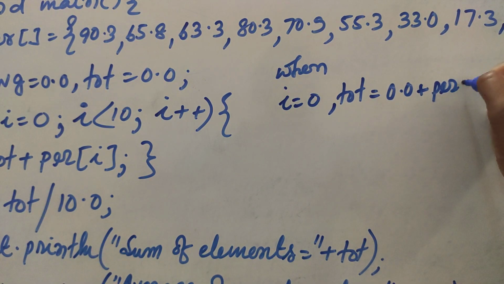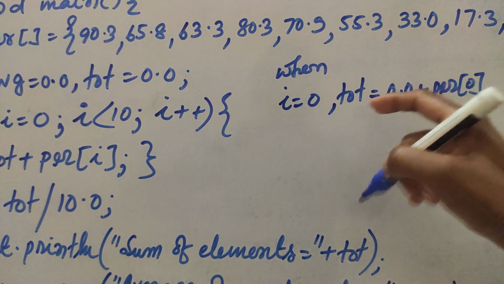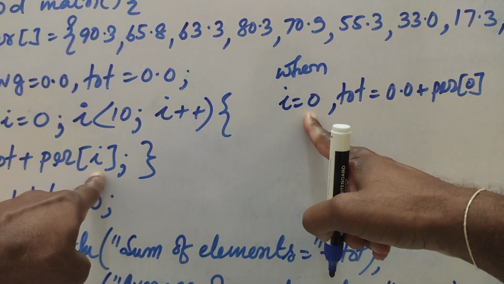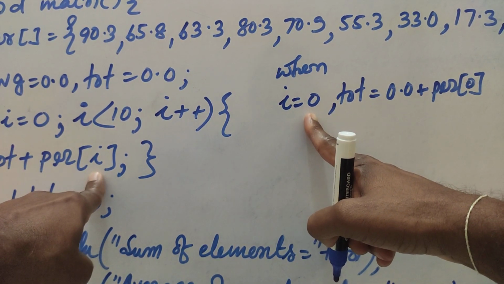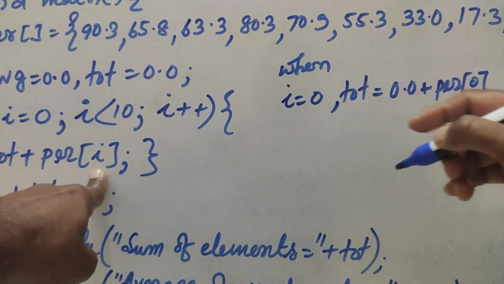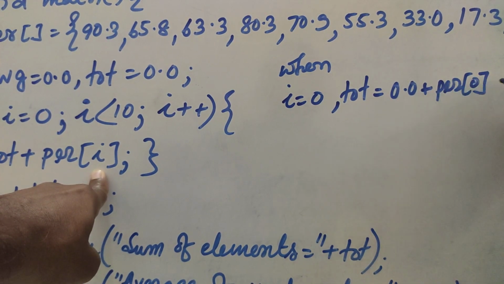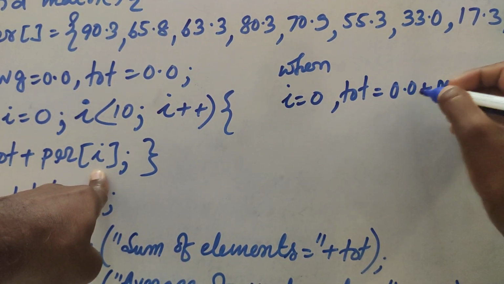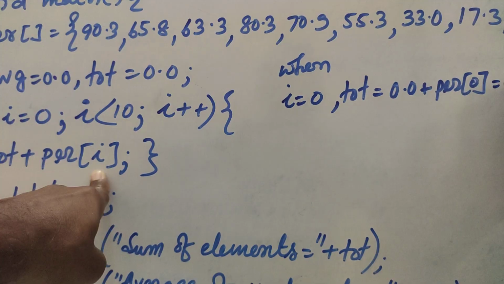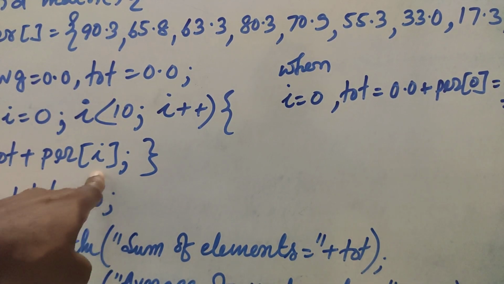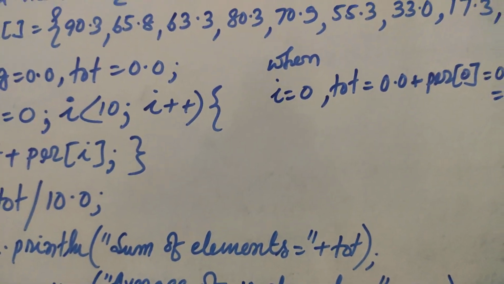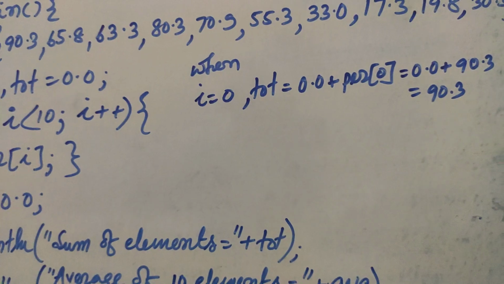So par of 0 means 90.3. So here 0.0 plus 90.3 comes, so what comes? 90.3. Okay, 90.3 comes.